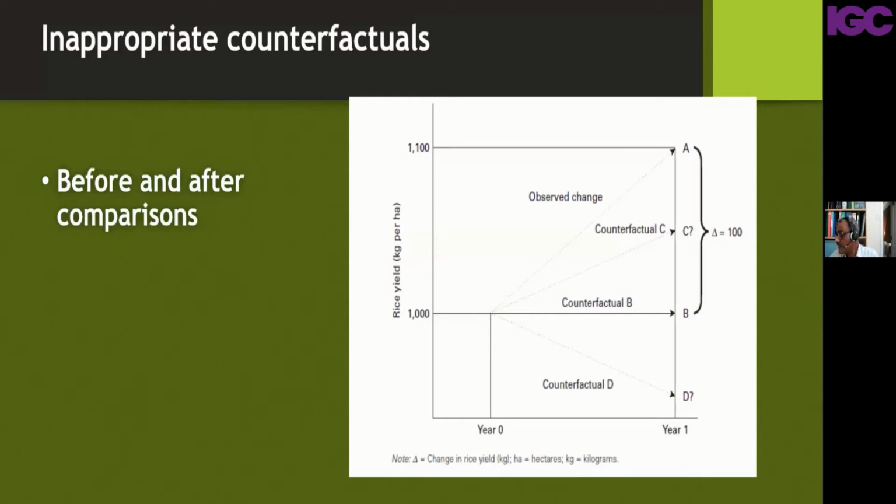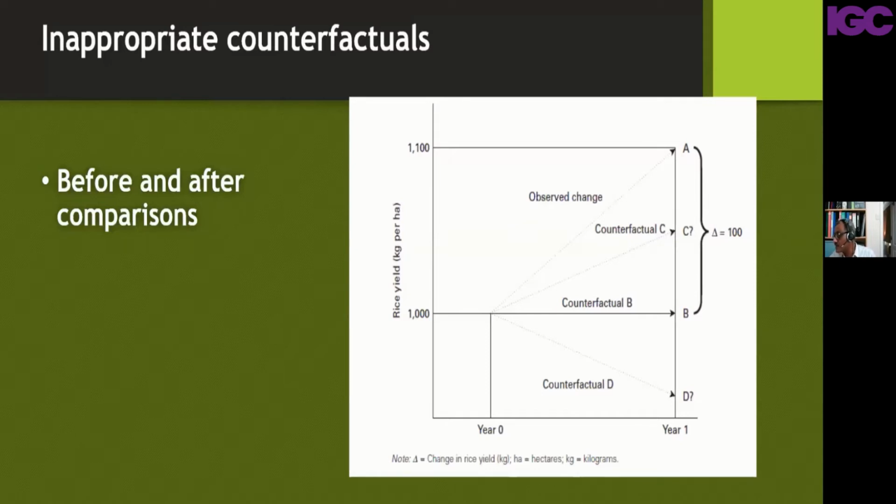Now, if we simply make a before and after comparison, what we would say is that the impact of the program, that is the change in the yield, is A minus B. In this case, it is equal to 100 kilograms per hectare. But this would be incorrect, because we really do not know what the beneficiary's yield would have been if the beneficiary had not participated in the program.